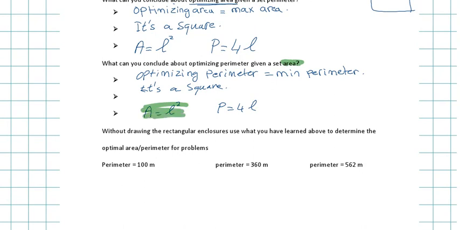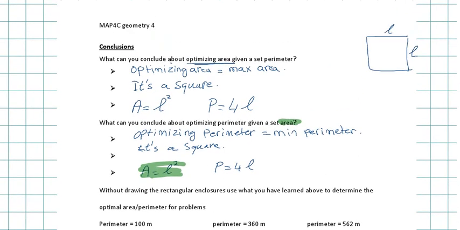Because the area is given to you, you must start with the area. When the perimeter is given to us, we have to start with the perimeter formula, solve for L, then use it to find the area. Okay? We're going to look at some examples.